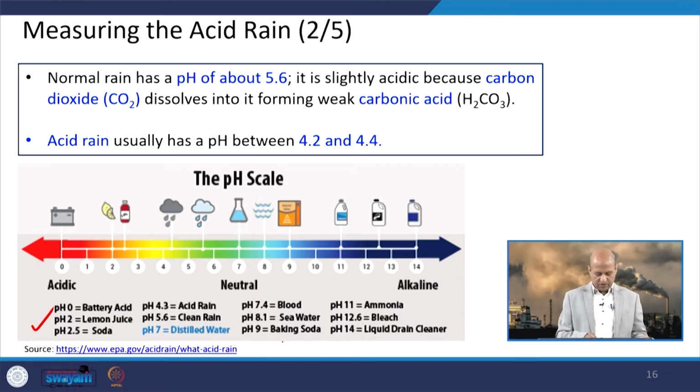Then baking soda has a pH of 9, ammonia 11, bleach 12.6, liquid drain cleaner pH 14. So, different solutions have different pH according to their nature.